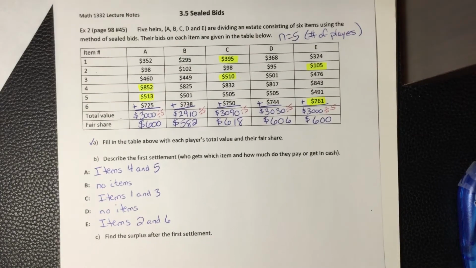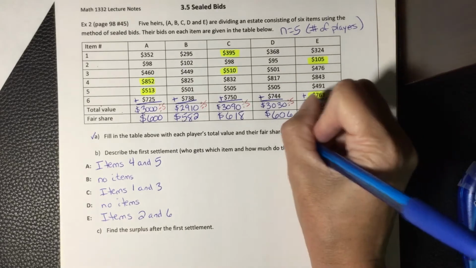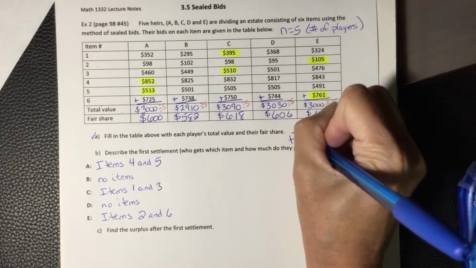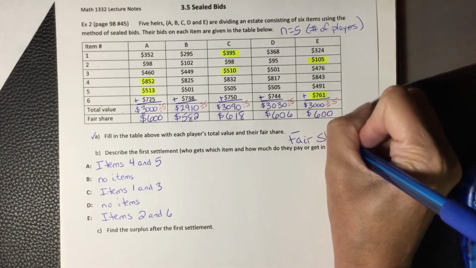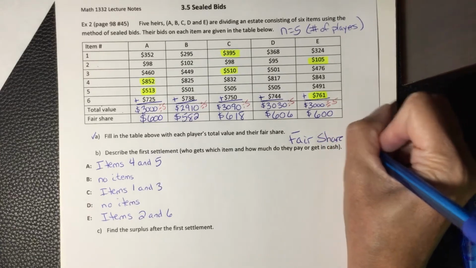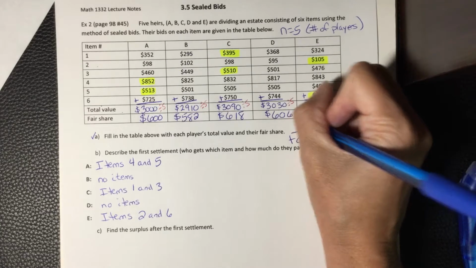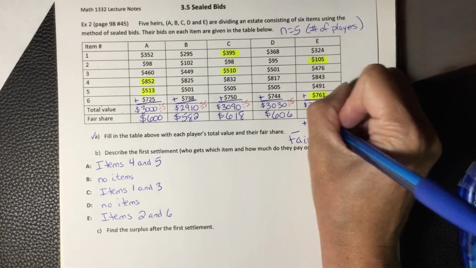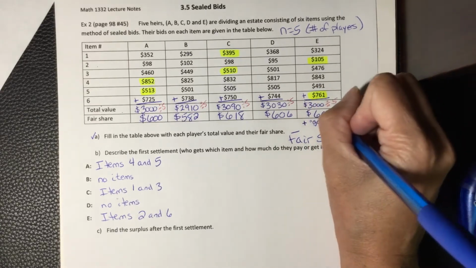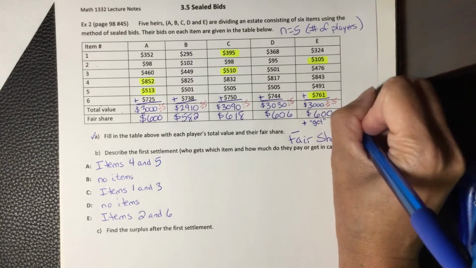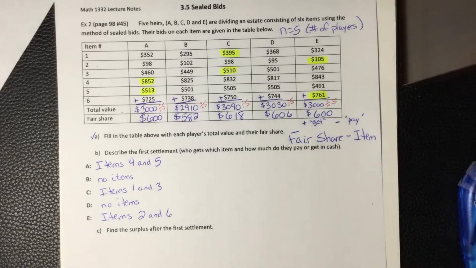Now we have to go back and do the money. So for this one, remember we are going to do fair share minus item. If it comes out positive, then you get the money. If it comes out negative, then you pay that money.